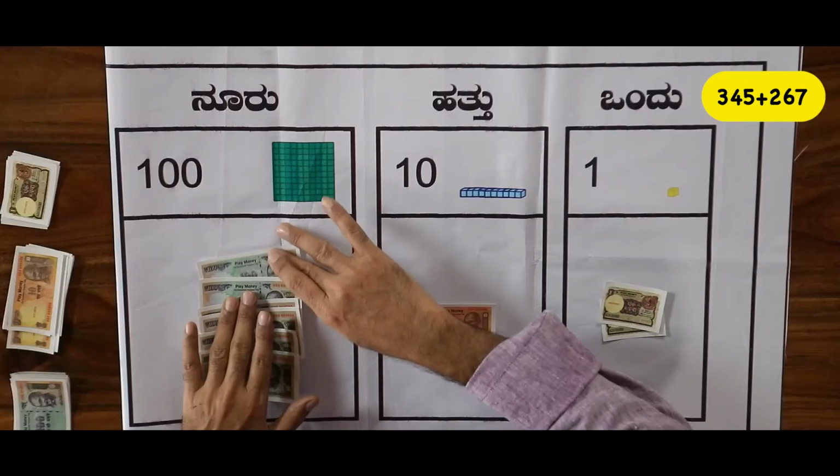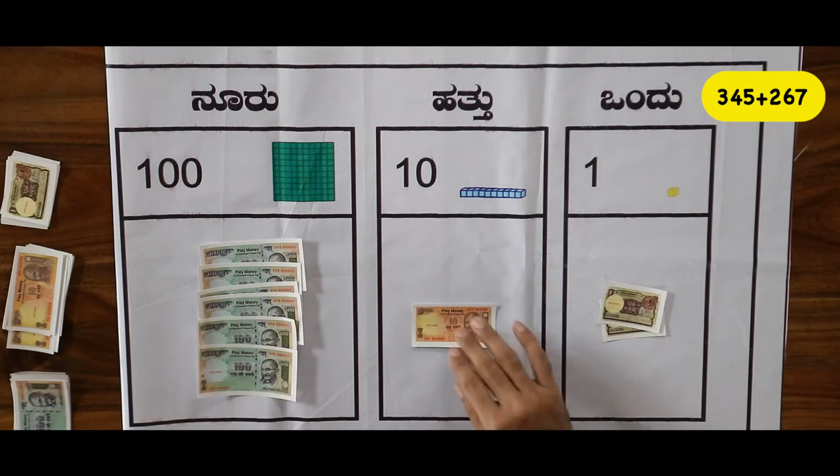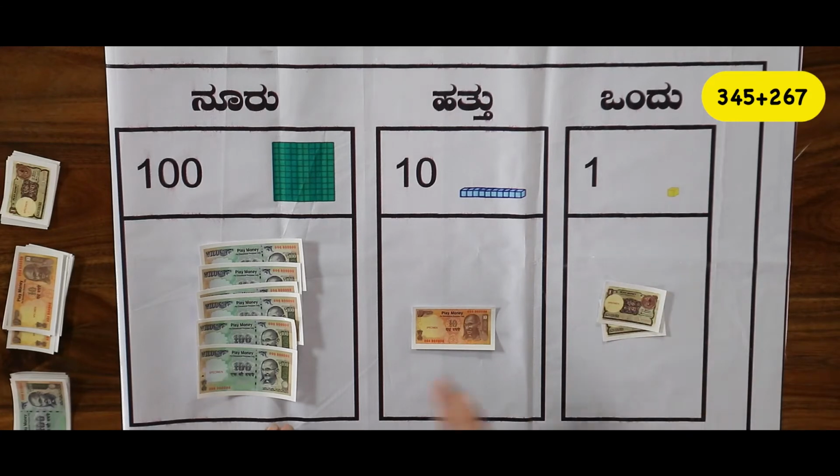So, what answer did we get? 1, 2, 3, 4, 5, 6 hundreds. 10 and 2, that is 612. In this way, when we added 345 and 267, we got 612 as the sum in the concrete stage using the play money. Now, let us do the carryover addition using abacus.